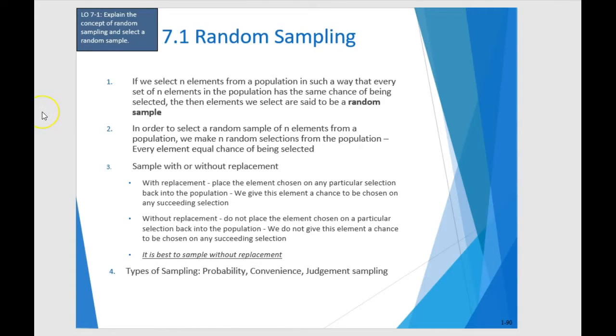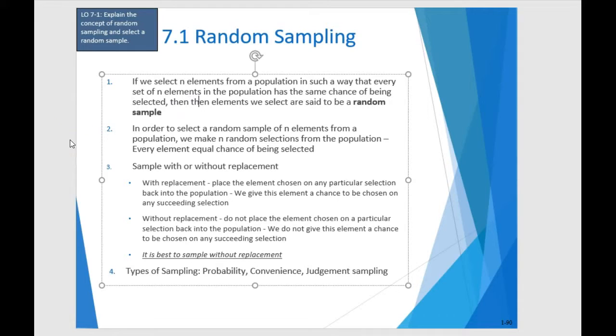Random sampling. If we select n elements from a population in such a way that every set of n elements in the population has the same chance of being selected, then the elements we select are said to be a random sample. That makes sense.